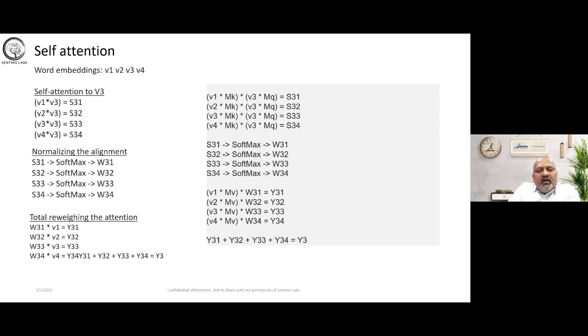So now you are computing the weights and the same softmax is applied. When it comes to the value matrix, again you will have a 50 by 50 matrix, in case a word is 1 cross 50. Now V1 multiplied with MV will produce a 1 cross 50 vector, which is multiplied with the weight W31. Now I got all the contextual information encoded into Y3 through this.